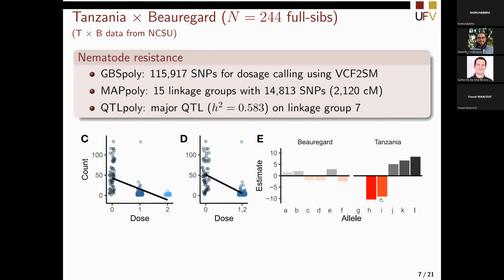So you only need one of these haplotypes to be resistant. So knowing that, we knew that if we found SNPs that are associated, or in linkage disequilibrium with these alleles of the QTL, we are going to be able to capture that resistance. And that's exactly what we are doing now, and it seems to be working.